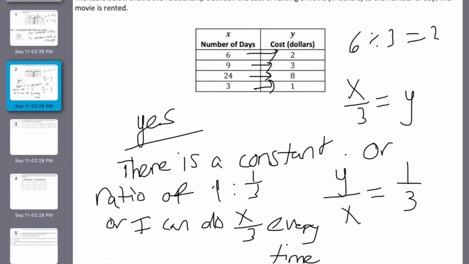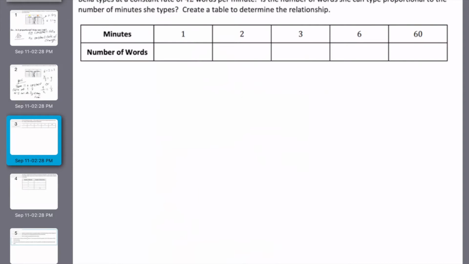So let's look at another problem here. Bella types at a constant rate of 42 words per minute. Is the number of words she can type proportional to the number of minutes she types? Create a table to determine the relationship. Well, I know that for every 1 minute, she types 42 words. Well, naturally, that would mean in 2 minutes, she would type 84. And if I were to go one more time, it would be 126.